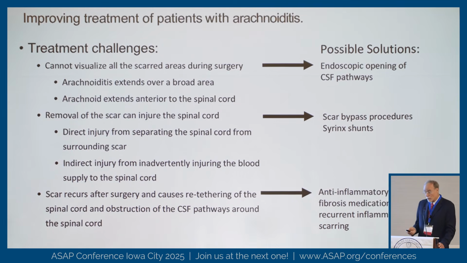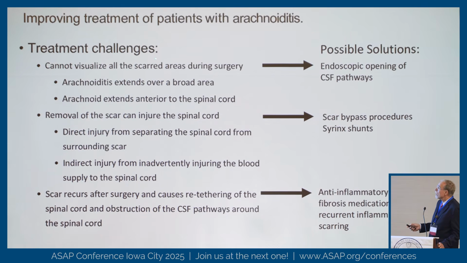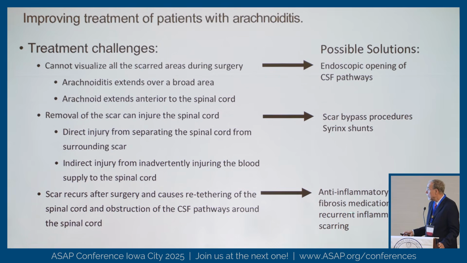So as far as improving treatment, as far as treatment challenge, we can't visualize all the scarred areas. We could potentially use the endoscope to open up the CSF pathways. Another way to do it would be to bypass the scar, to get the spinal fluid around the scar, and then around surgery, if we had better anti-inflammatory, anti-fibrosis medication, that might prevent recurrent inflammation and scarring.